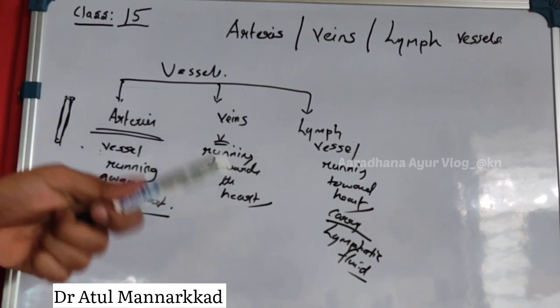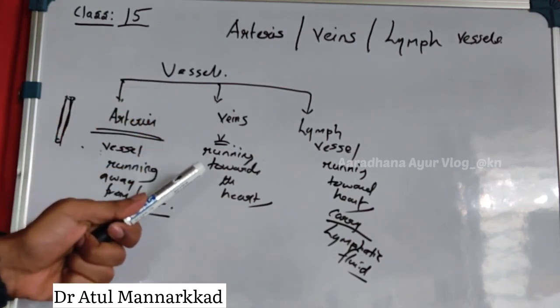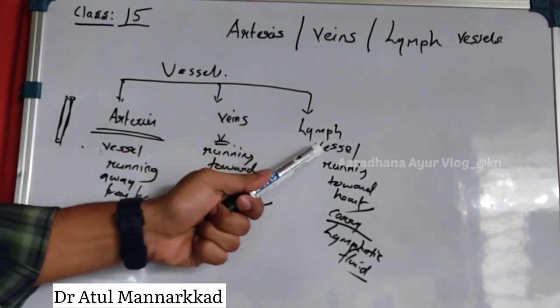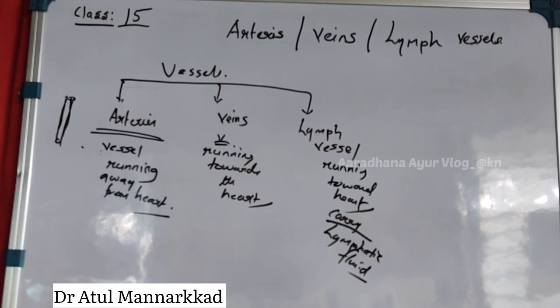So these were the three vessels: arteries running away from the heart, veins running towards the heart, and lymphatic vessels also running towards the heart but carrying the lymphatic fluid.